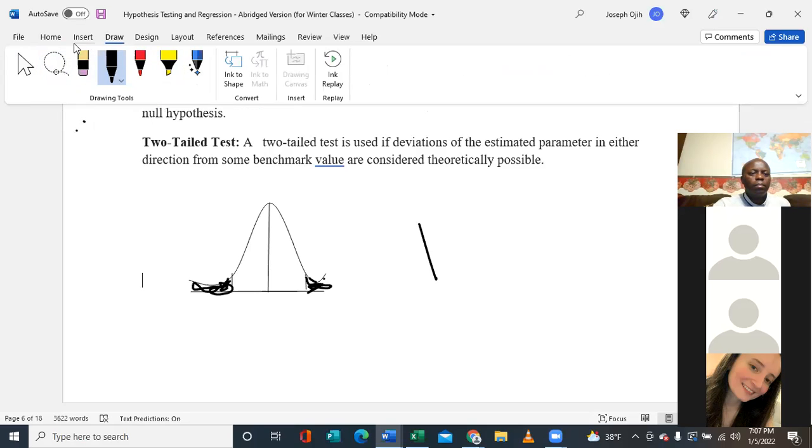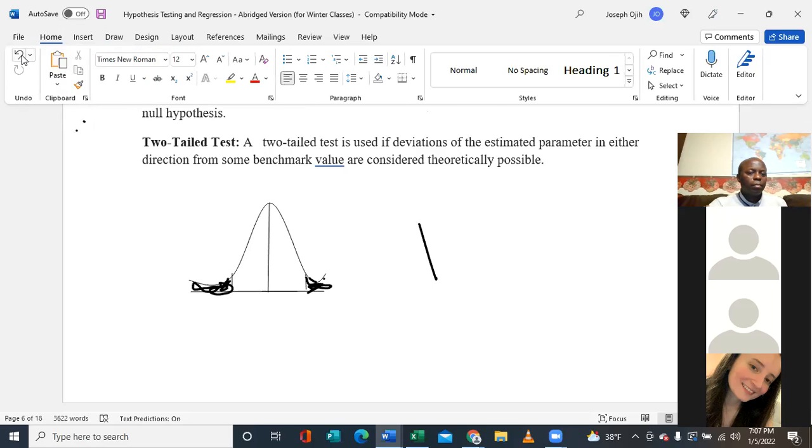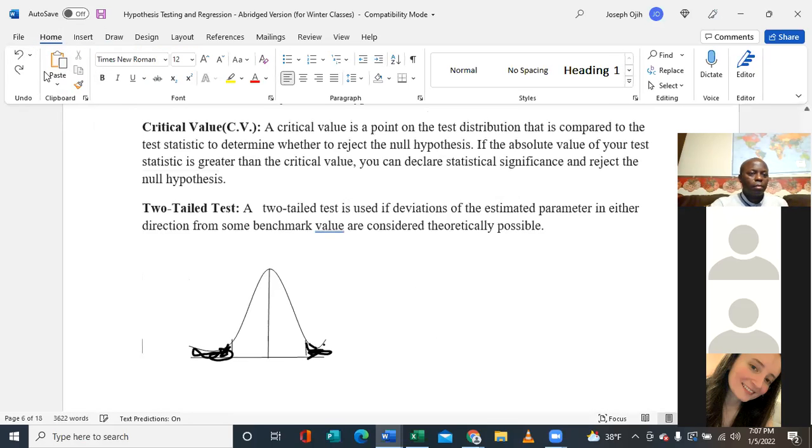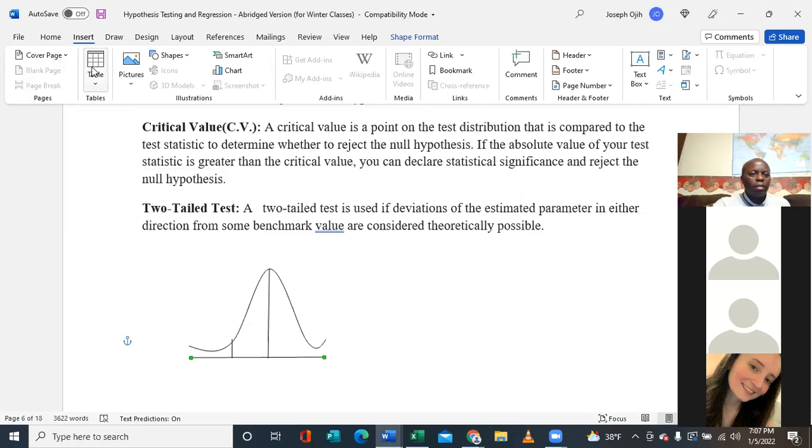I think I'm going to use a better diagram to make this. Just one minute, I'm trying to figure this out. Right, let me go and pick something else.